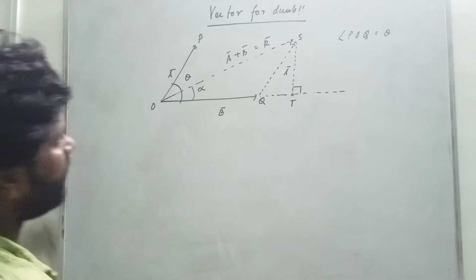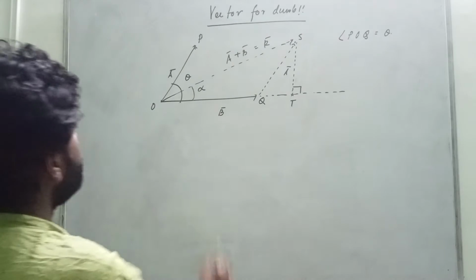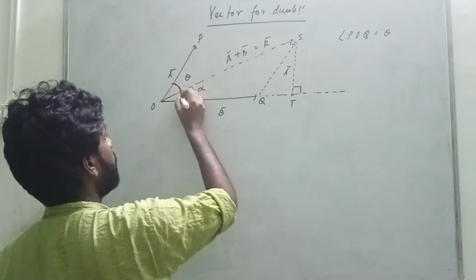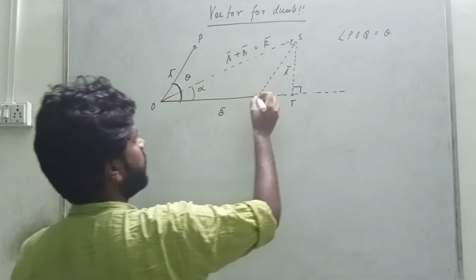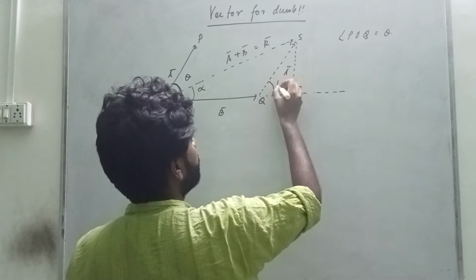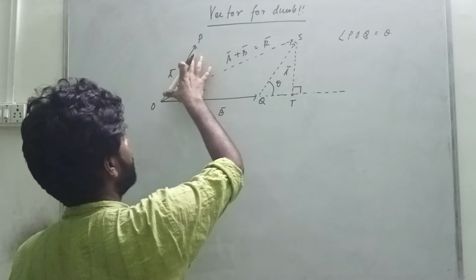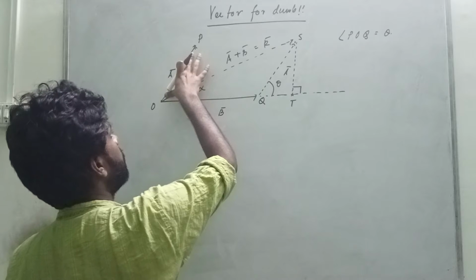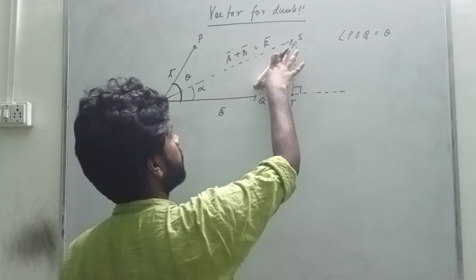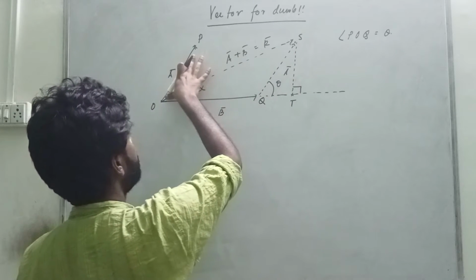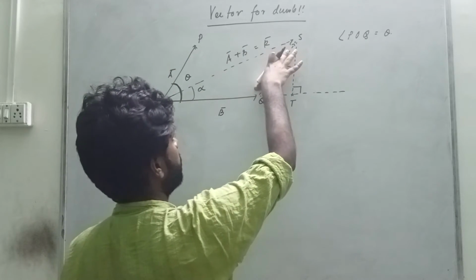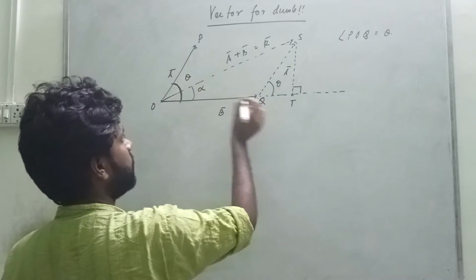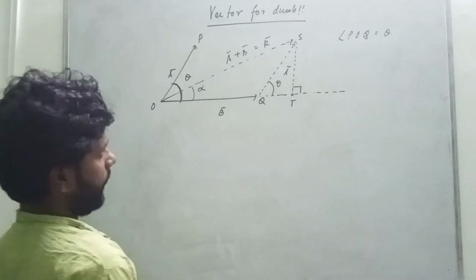Okay? It's very simple. If it is a theta, a full angle, then obviously it is theta, because I just transferred it parallel to itself from here to there, right? Just a parallel transformation from here to there. So if it is theta, then obviously it is theta.